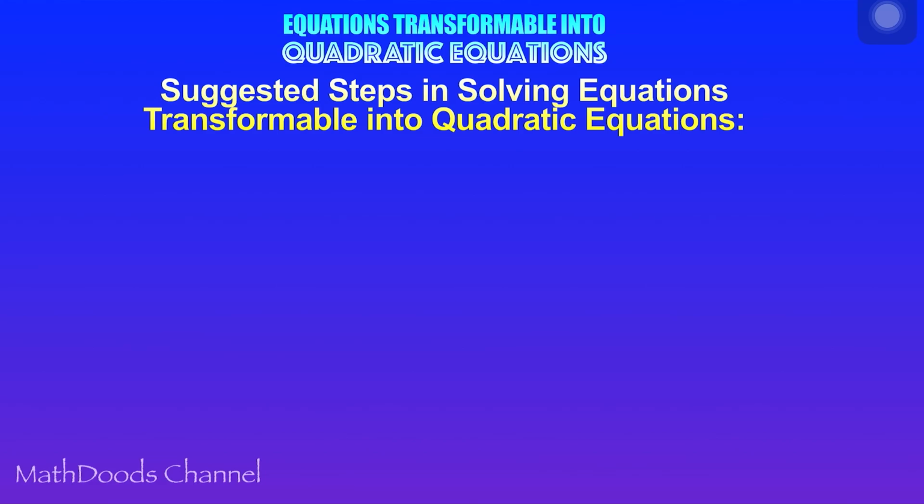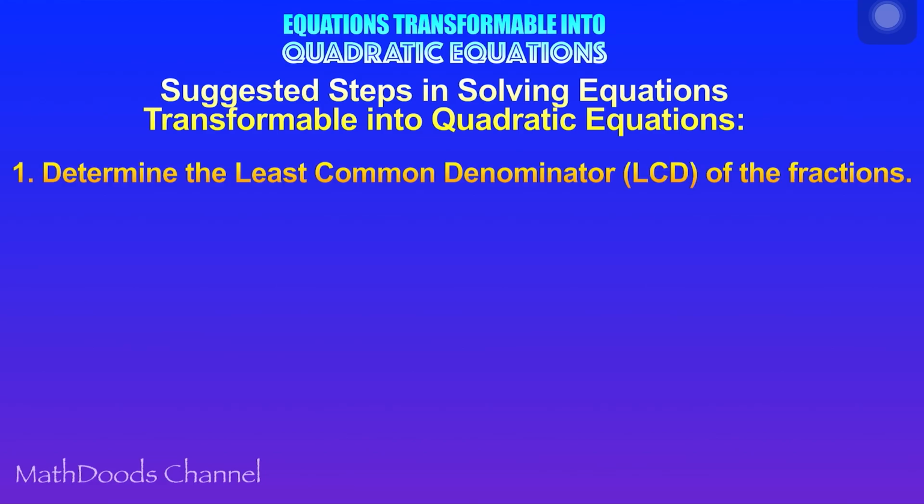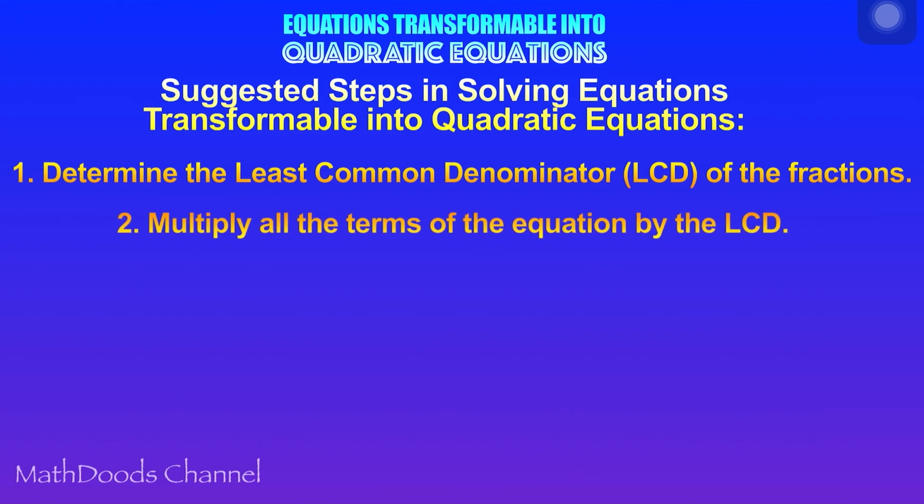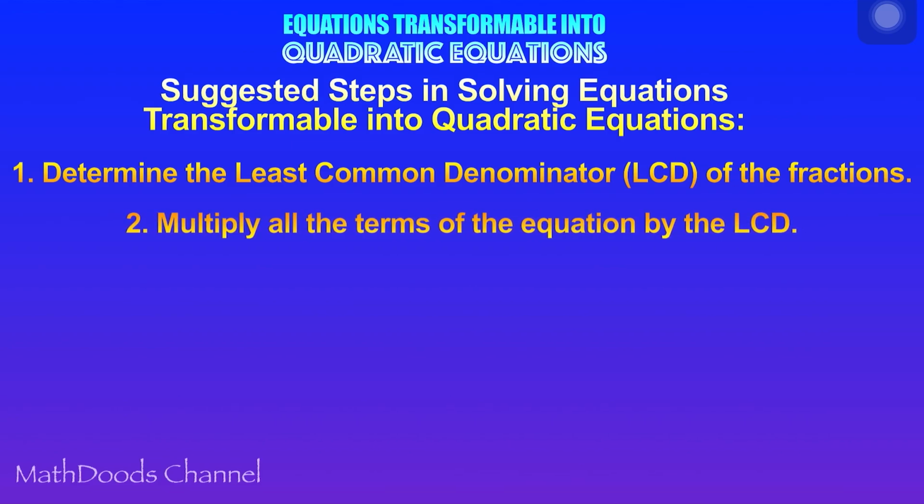Number 1, determine the least common denominator or LCD of the fractions. Kaya ni-review muna natin yon. Number 2, multiply all the terms of the equation by the LCD. Gagawin natin yon para mawala yung denominator ng rational equation.